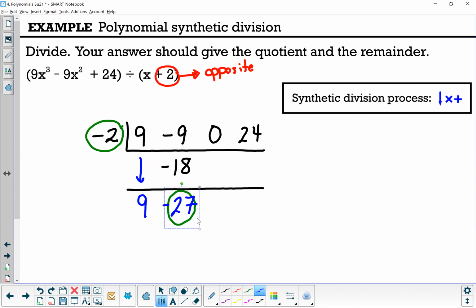Multiply the -27 by the -2. That's going to give you +54. Add 0 to 54 and you get 54. Okay, let's repeat that cycle. Multiply 54 by -2. So you're going to get -108. And then add 108 to 24.